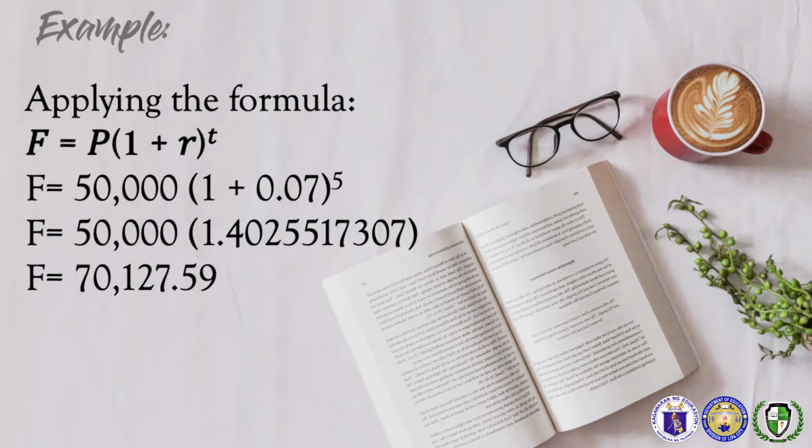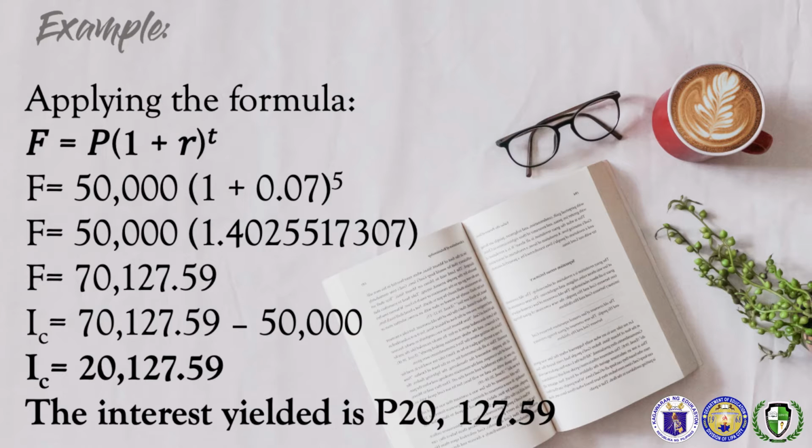To determine the compound interest, we will just deduct the principal amount from the computed future value. Therefore, the interest yielded is 20,127 pesos and 59 cents.